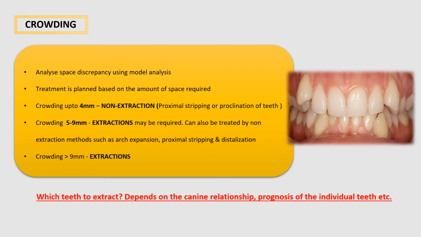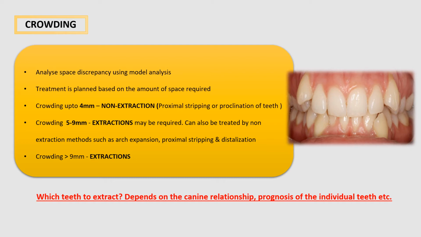However, if the crowding is severe and in the range of more than 9 millimeters, extractions will definitely be needed, as the amount of space gained by arch expansion or proximal stripping is not enough to relieve the amount of crowding which is existing in a particular individual.